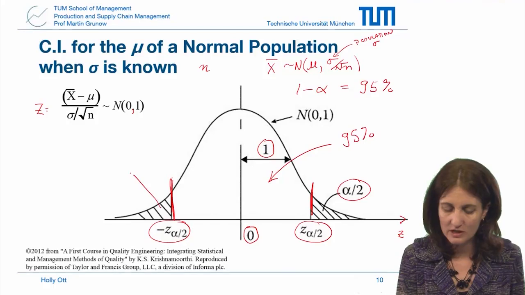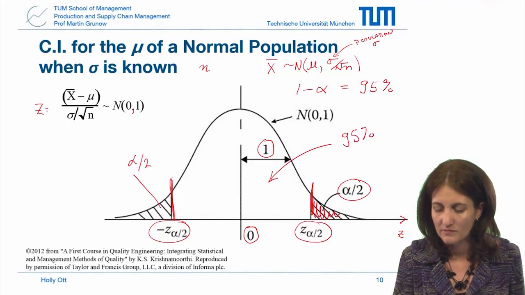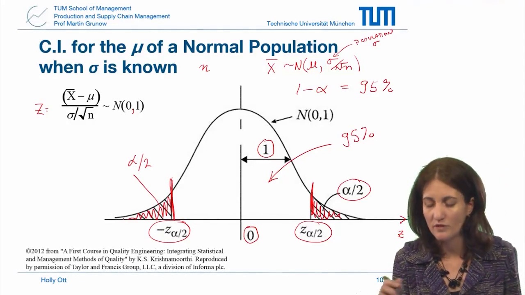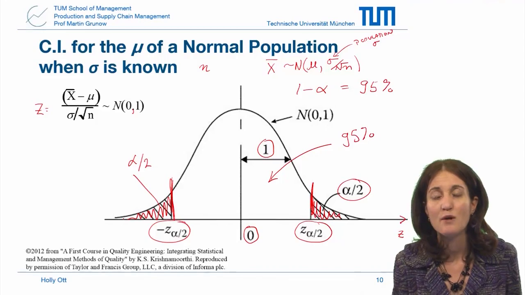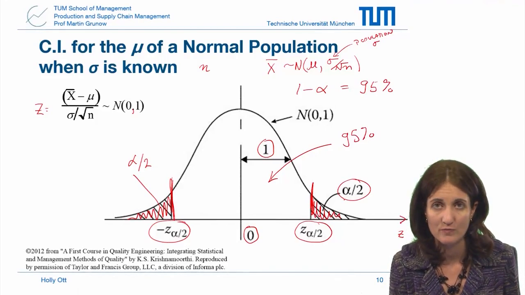And the probability that our z values will lie beyond these two values will be a very small percentage, which is alpha over 2.